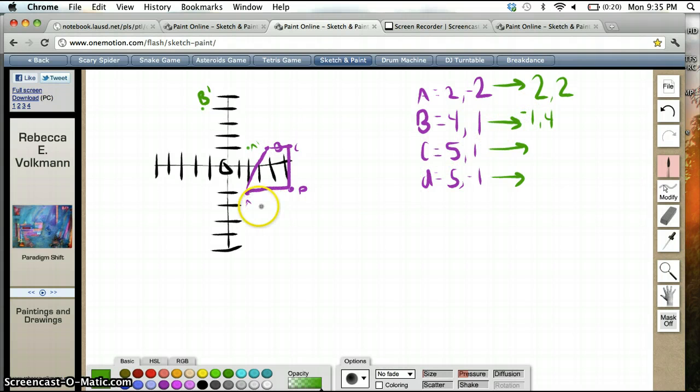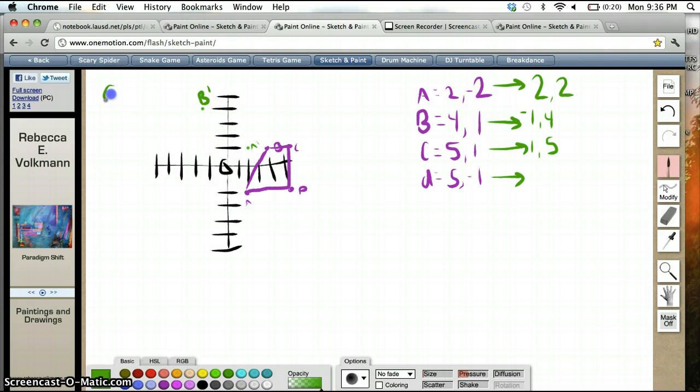So don't try to add the negatives until you go over your coordinate plane, because if you do, then you're going to get confused. So our third point is C, which is (5, 1). So again, we're going to flip our X and Y. So we're going to go (1, 5). Now let's figure out where C is. C is over here in this region, so we're going to go over 1 counterclockwise to the next region. Now remember, we only go over 1 because it's 90 degrees.